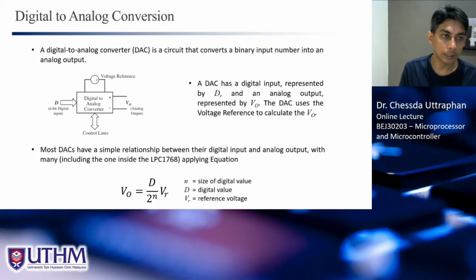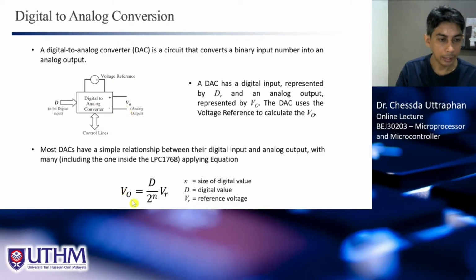The process is actually the reverse of the ADC, where now we have the digital data from the microcontroller, we have the DAC, also a built-in circuit in the embedded microcontroller, and we have the analog output here. And of course, we need to have the reference voltage. In our case, for the embedded microcontroller, the reference voltage is 3.3 volt.